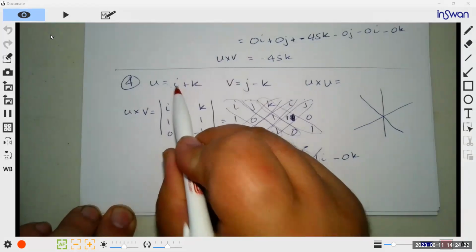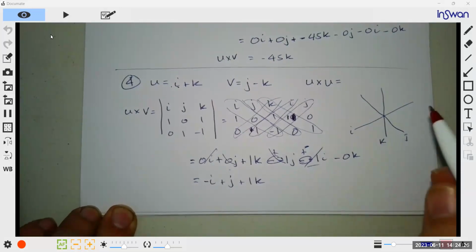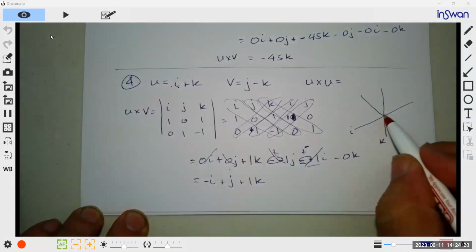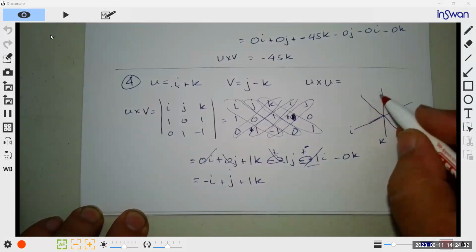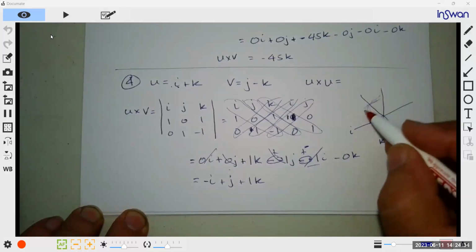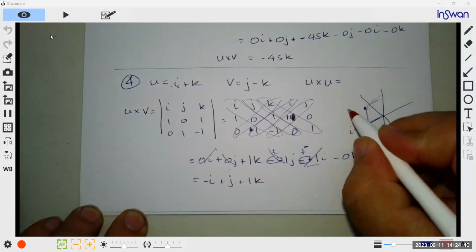Okay, let's see what these look like. So the first one says this is the I, J, K. So it's positive I and positive k. So it's going to go up some point here. That's u.